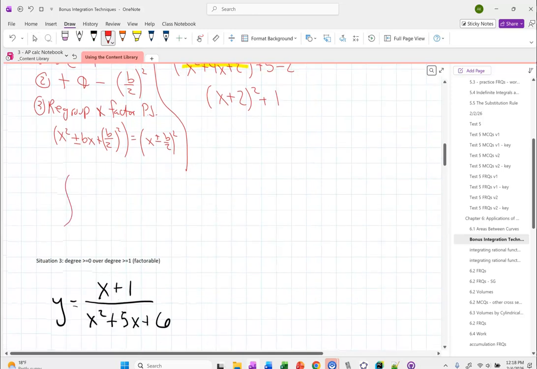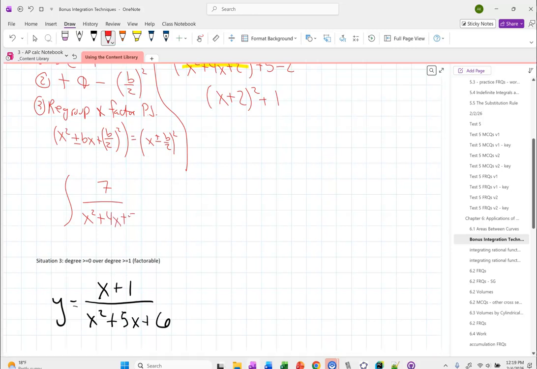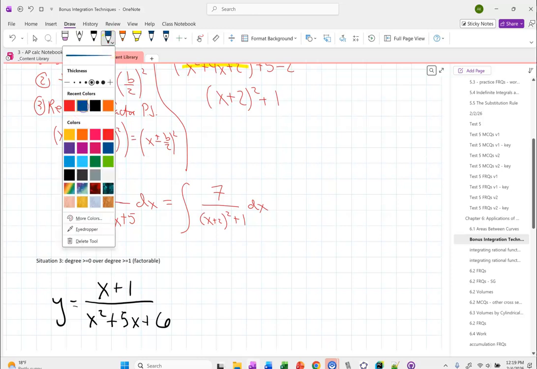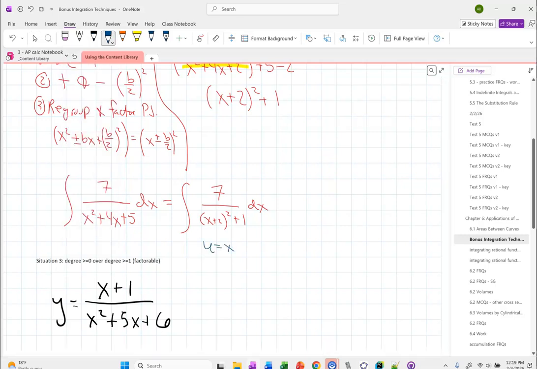So reminder of where we were at. We had this. Nothing we could do here. No integration formula will cover that. We'll perform completing the square. That's going to get me to here. Now I can do a u substitution. So the u I'm going to pick is the x plus 2.